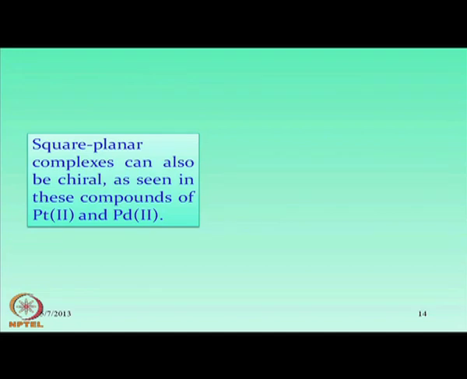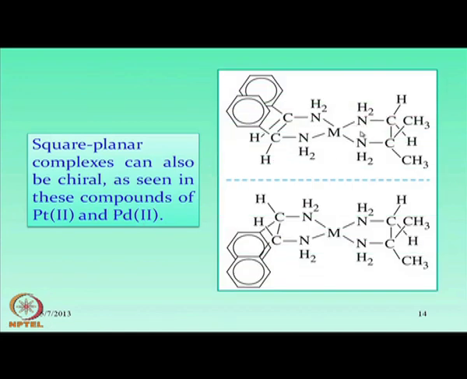Then the square planar complexes can also be chiral, such as the platinum and the palladium compounds of these 2 types, where this is the corresponding unsymmetrical diamine type of ligand when this carbon is substituted by 2 methyl groups, and on the other side we have the phenyl rings, 2 phenyl rings above the square plane, and the mirror image of that, the mirror plane of this particular mirror image is also the other one, and they are not superimposable on each other.